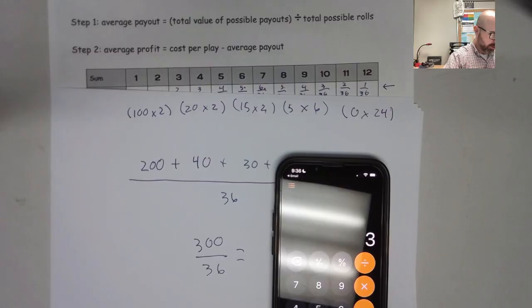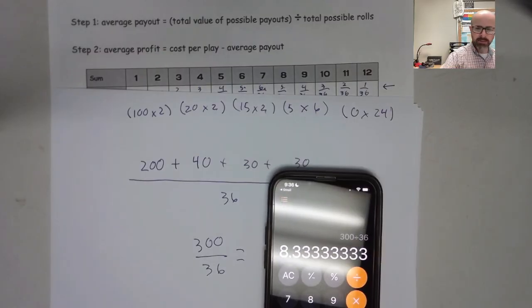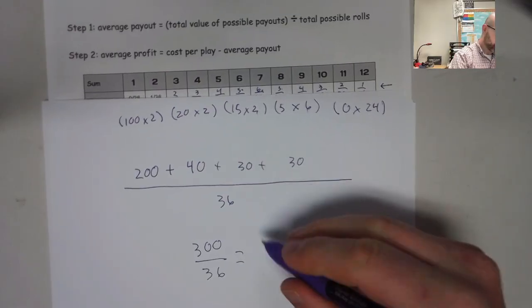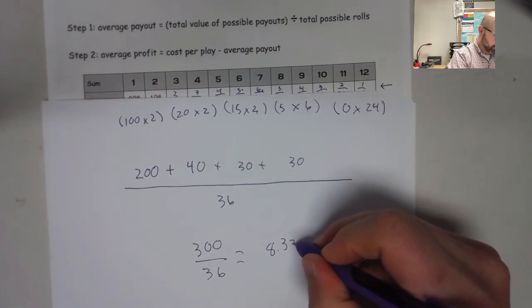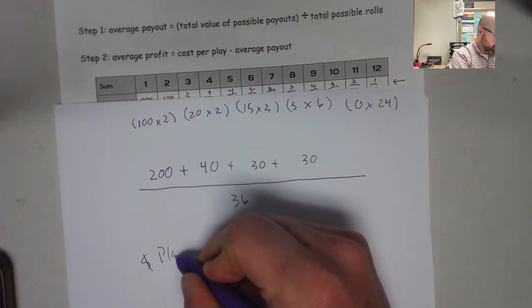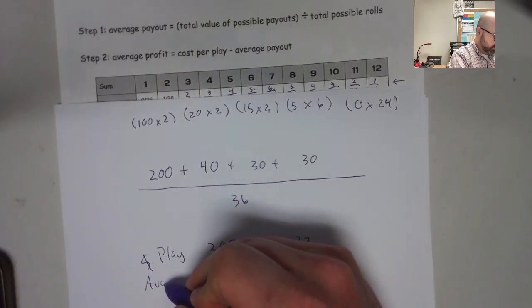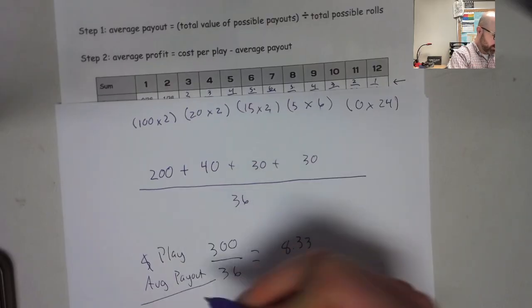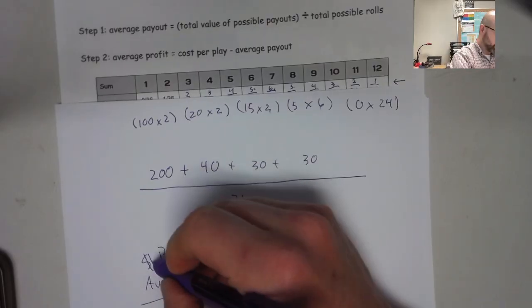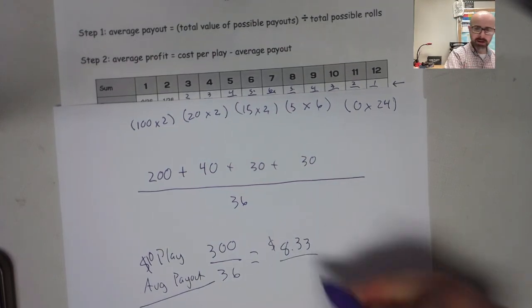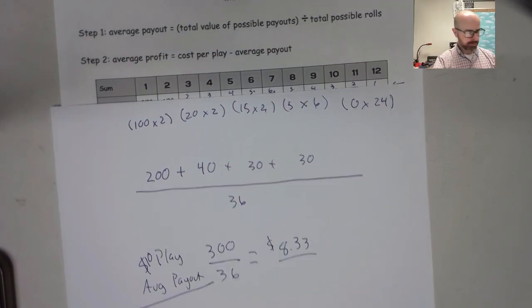If I do 300 divided by 36, that is 8.33. So my $10 play average payout is $8.33.